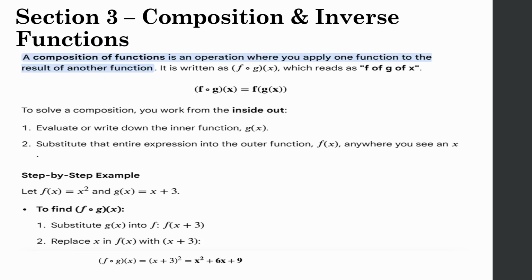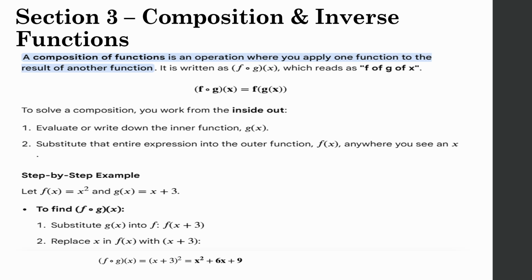Section 3. Composition and inverse function. A composition of functions is an operation where you apply one function to the result of another function. It is written as f of g of x, which is represented as given below.